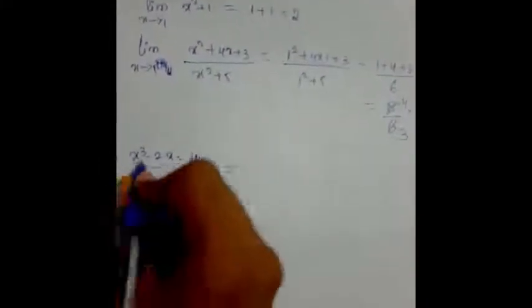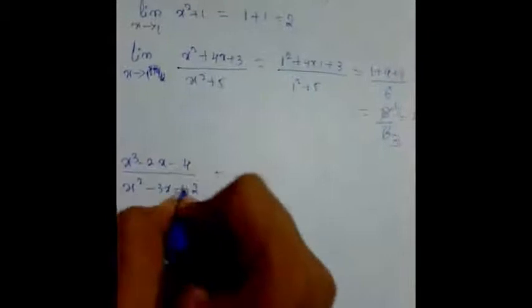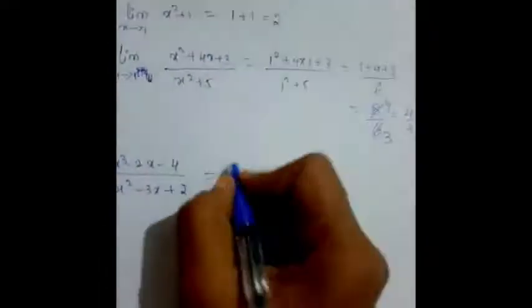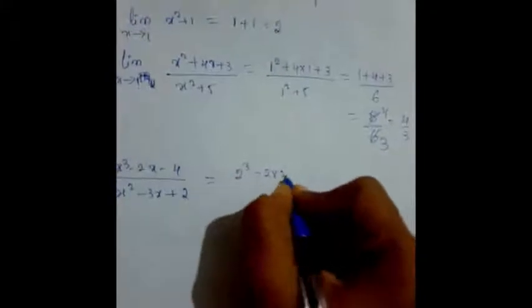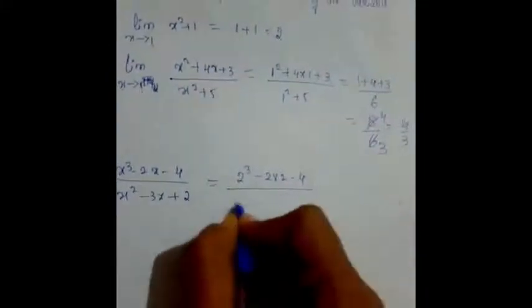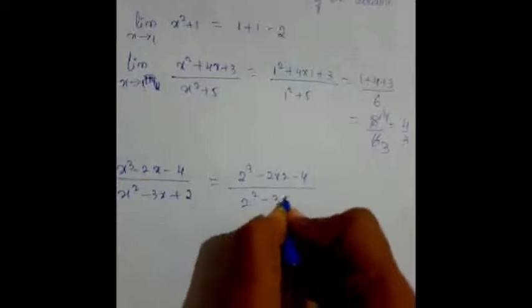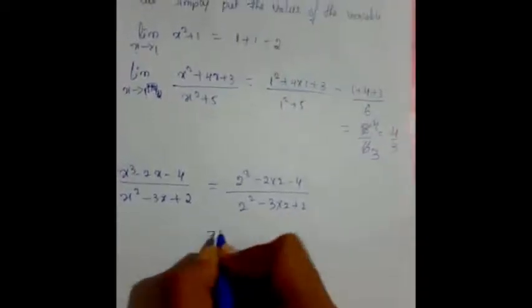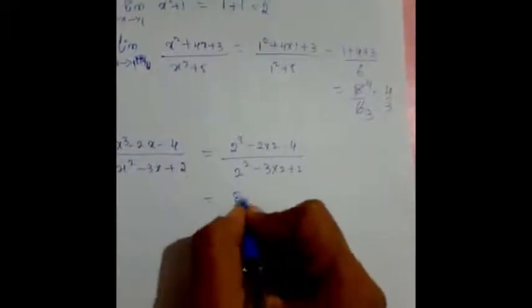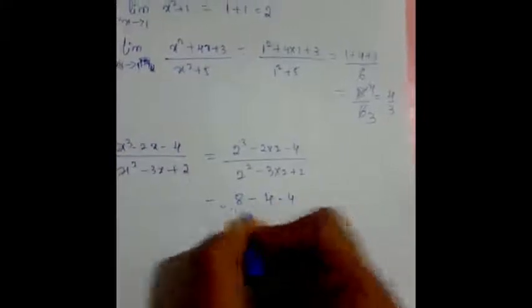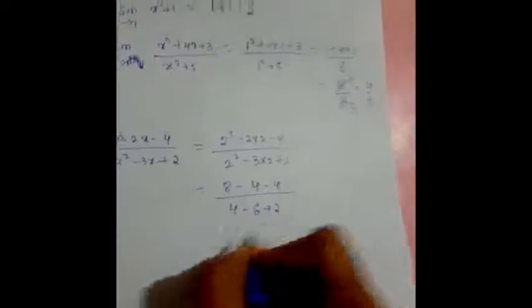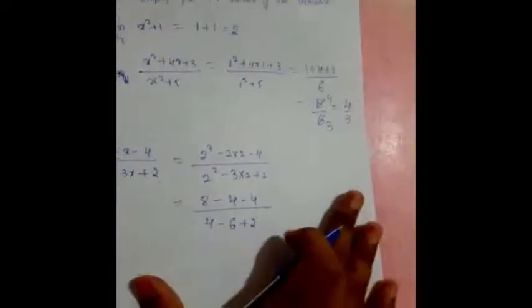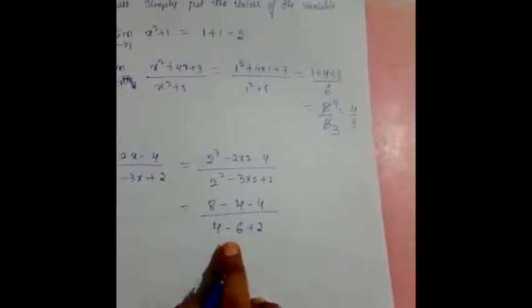If I put 2 in this equation, wherever x is there, we have to put 2. It means 2 cube minus 2 into 2 minus 4, divided by 2 square minus 3 into 2 plus 2. 2 cube means 8, minus 4, whole divided by 4 minus 6 plus 2. 6 minus 4 you get minus 2, plus 2 gets 0.